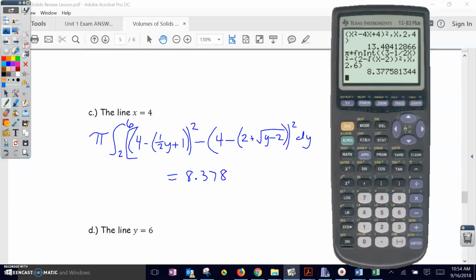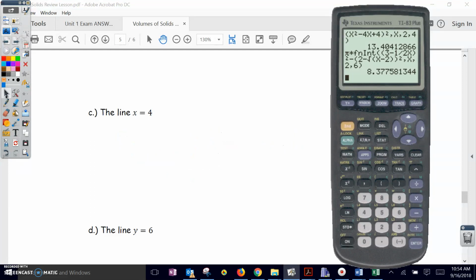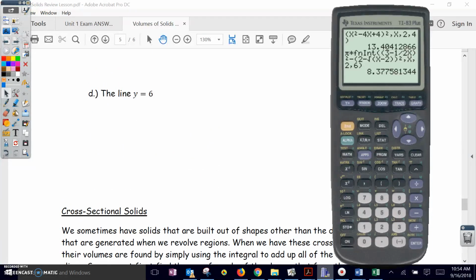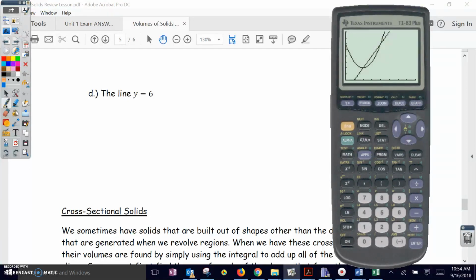Alright, and then lastly, around the line y equals 6, we're going to go back to our graph. And the line y equals 6 is parallel to the x-axis. And so everything's going to be in terms of x. I've got pi times the integral from 2 to 4 of the outer radius, which is the distance from this line to the parabola.